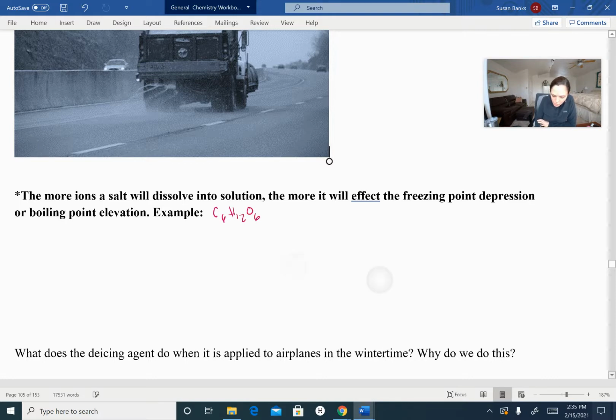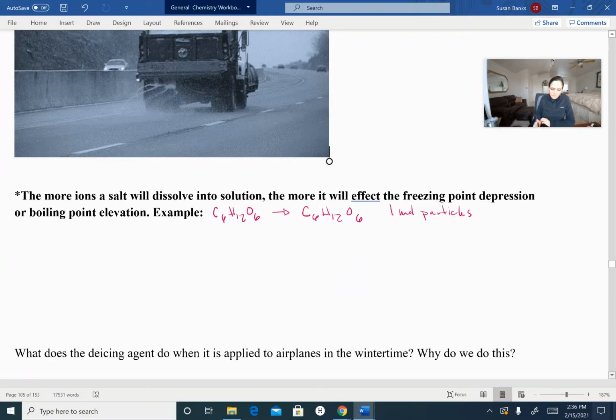When I put it in water, it stays together. So for 1 mole of glucose, I would get 1 mole of particles, because it does not separate.